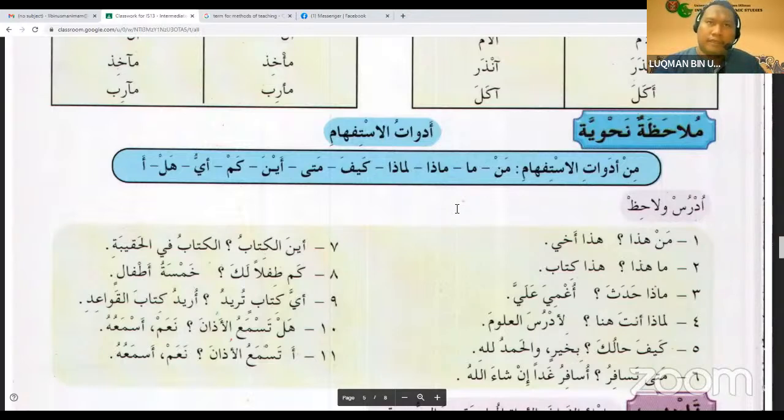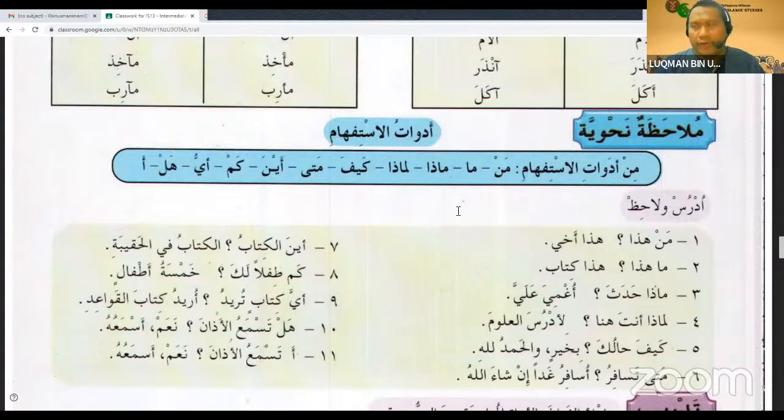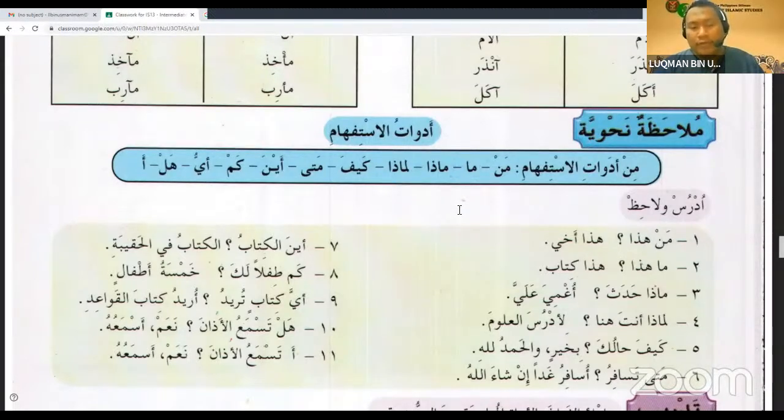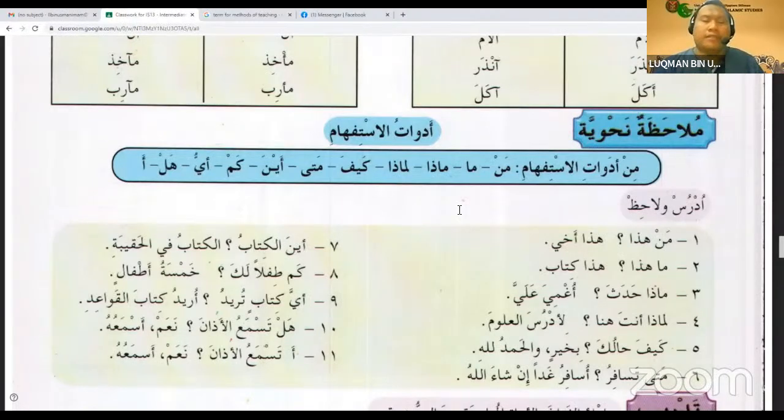We can say 99% of adawatul istifham are considered ism, noun, because they are interrogative pronouns, and pronouns are considered as ism, with very few exemptions.